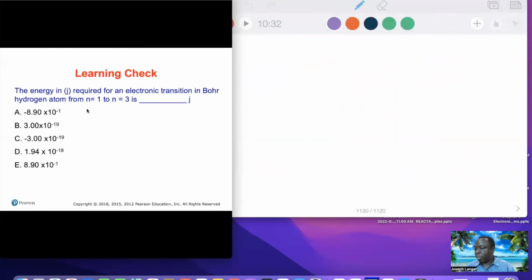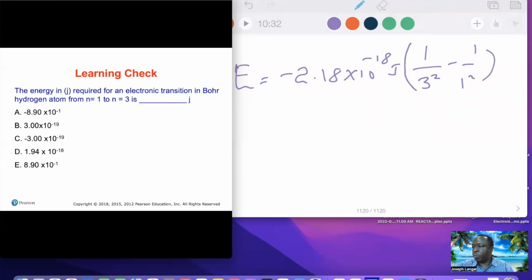Energy is given by negative 2.18 times 10 raised to negative 18 joules times (1 over 3 squared minus 1 over 1 squared), transitioning from 1 to 3, where final is 3 and initial is 1. That's how you set up the equation.